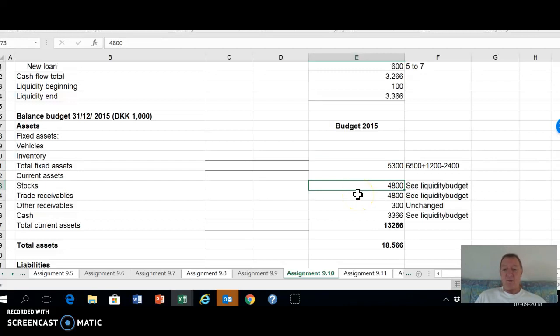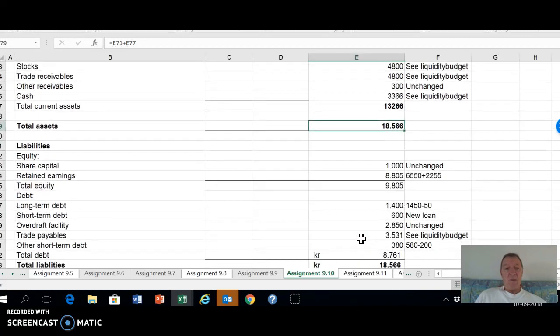We have this one from the liquidity budget. 300 in other receivables are unchanged, and we have the trade payables from the liquidity budget. So altogether we have assets 18,566.